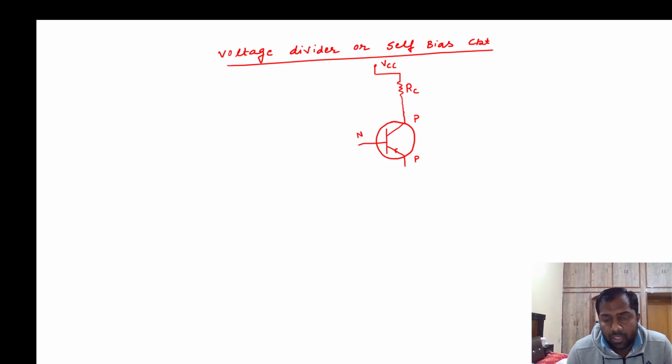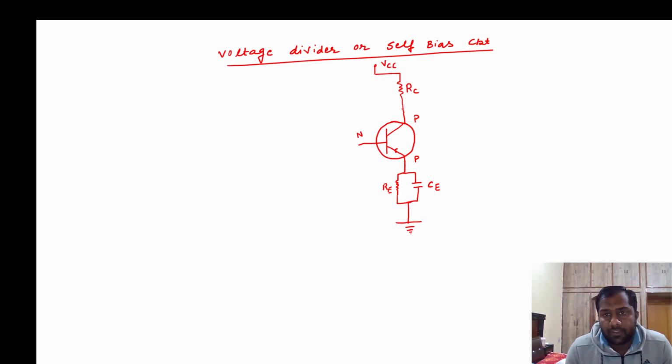We have one more resistance connected towards the emitter side, called the RE resistance, and one more capacitor CE, which is connected in parallel to the resistance RE. Clear? And this is earth.